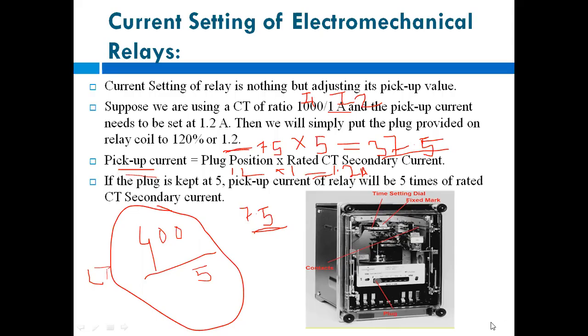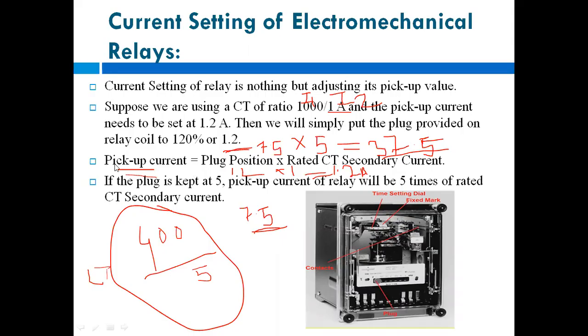Here there are a number of tappings, from 1 to 10 and so on, and we can change the plug position here. As we have the current transformer there, by taking its secondary current we can also find the pickup current.